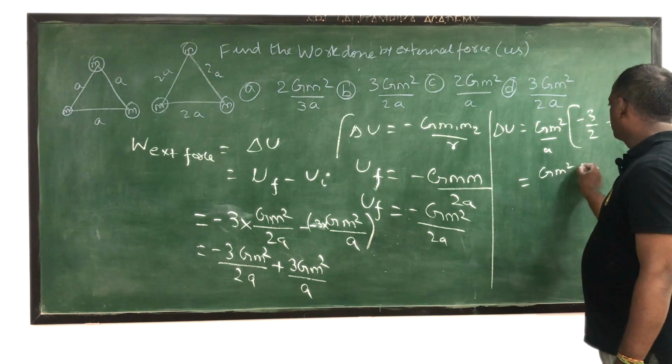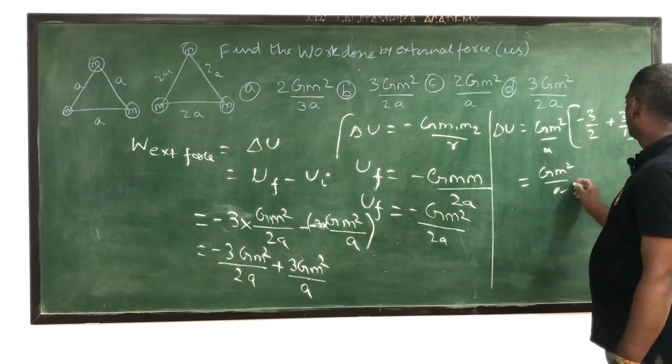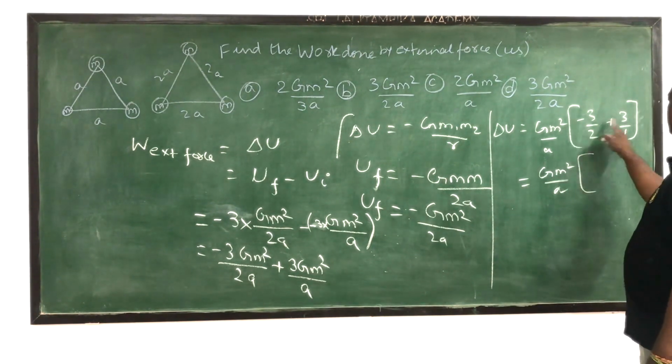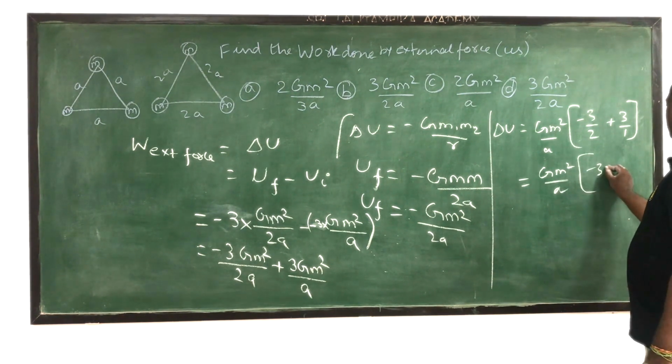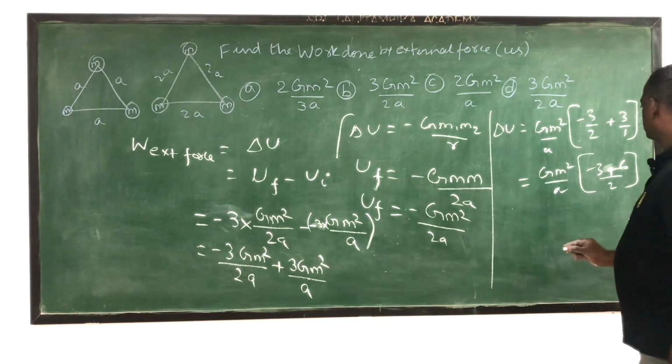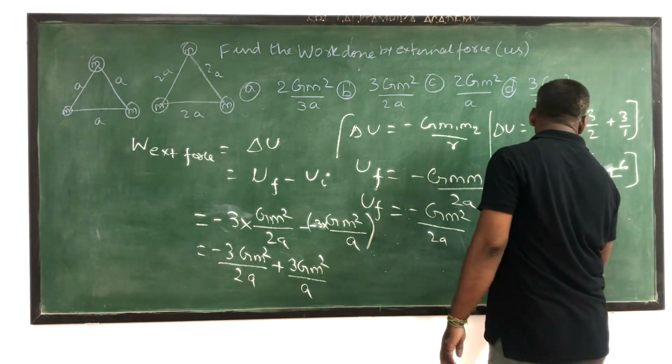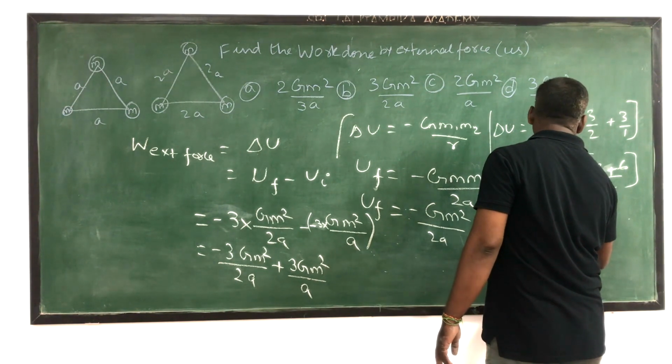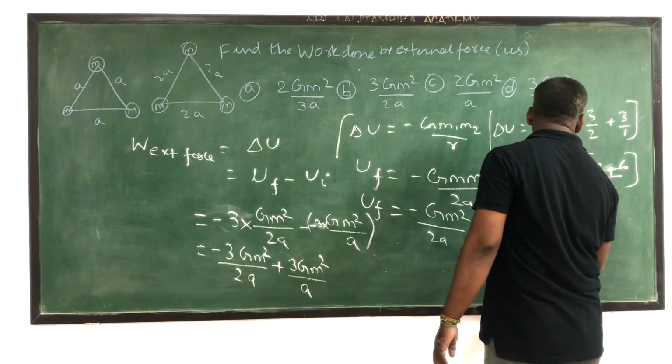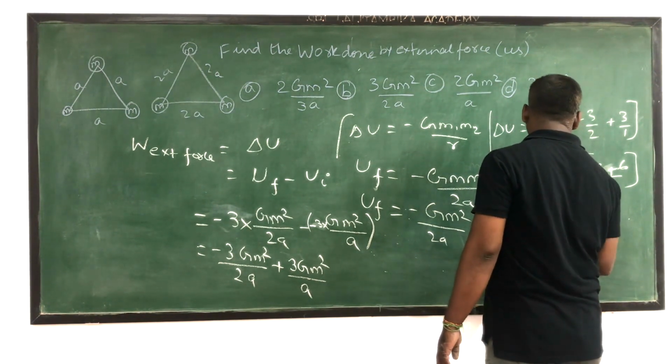So which is equal to GM square by a, so the answer is minus 3 plus 6, which is equal to 3GM square by 2 times a.